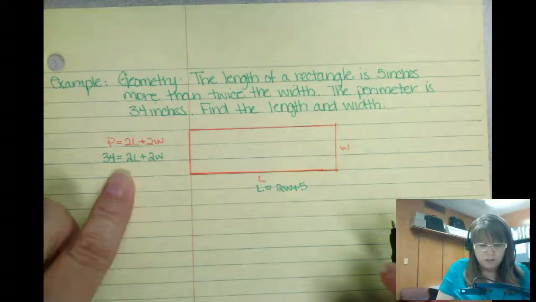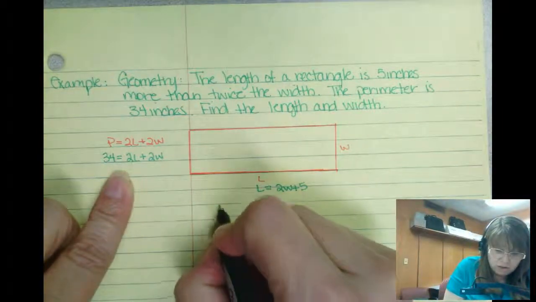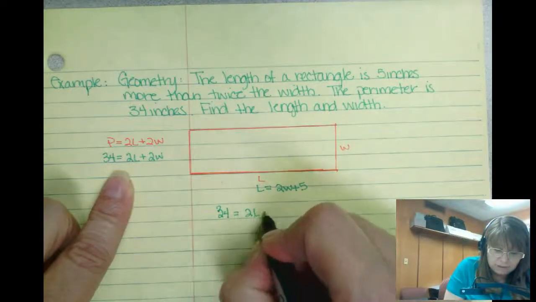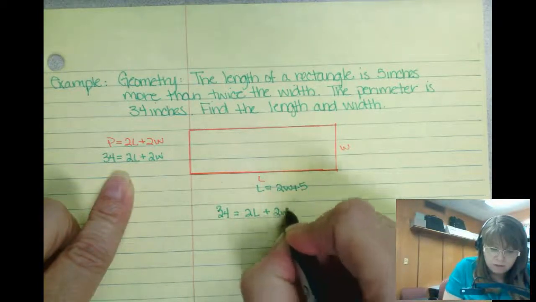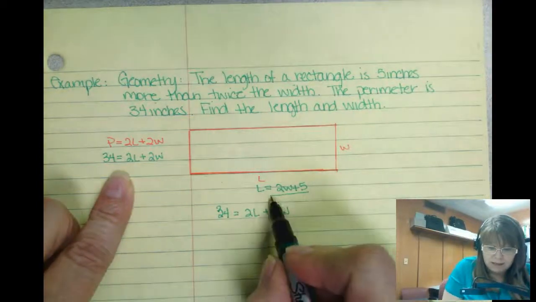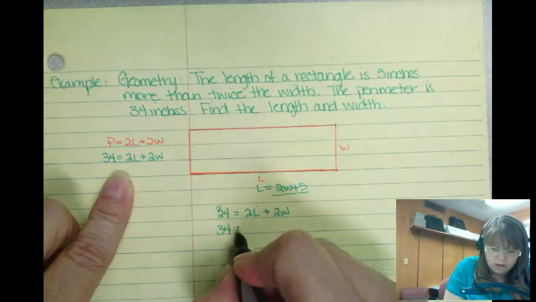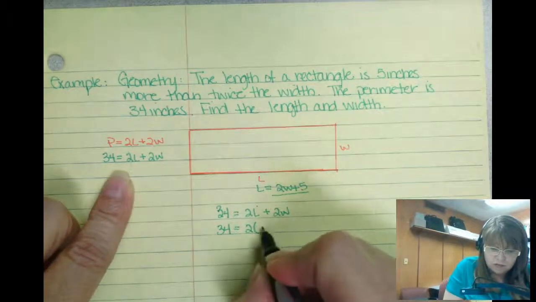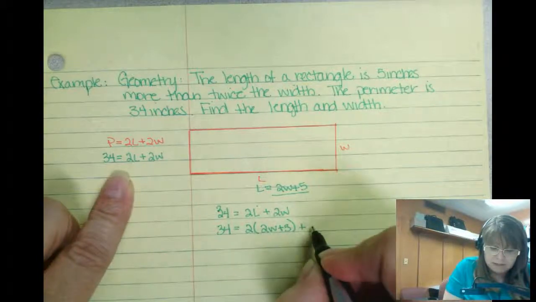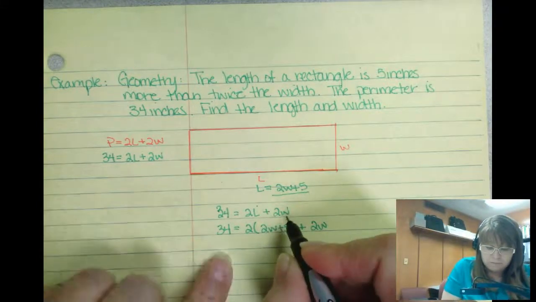I have the equation 34 equals 2L plus 2W. I'm going to use what I know about L and substitute into this equation. So 34 equals 2 times 2W plus 5, plus 2W, the continuation of the original equation.